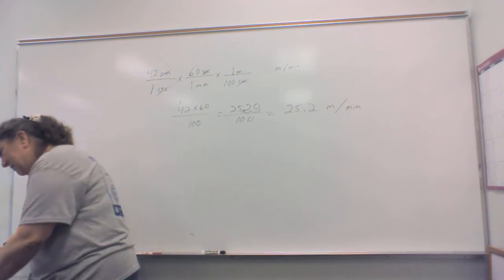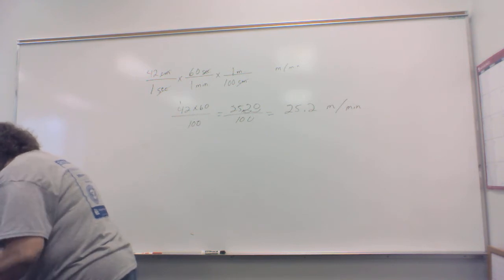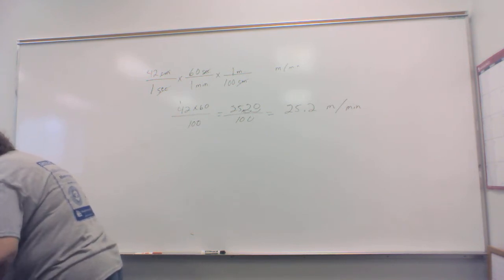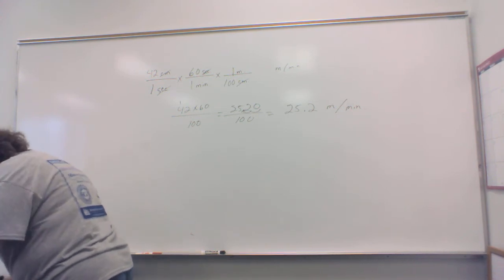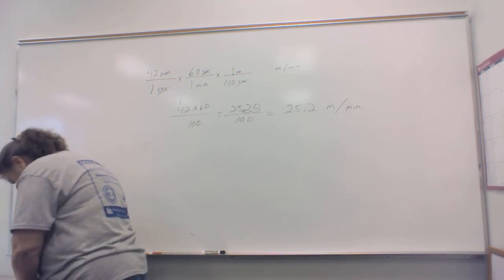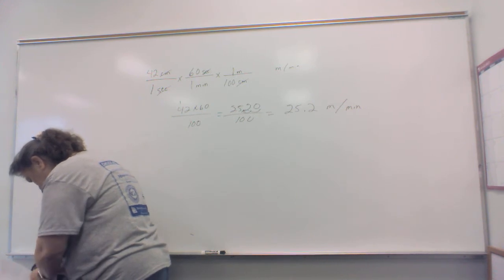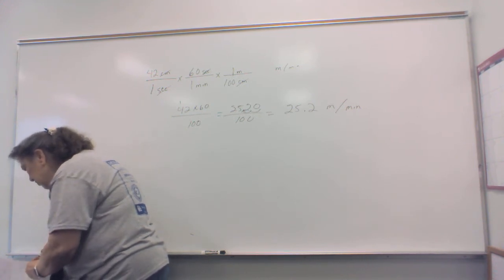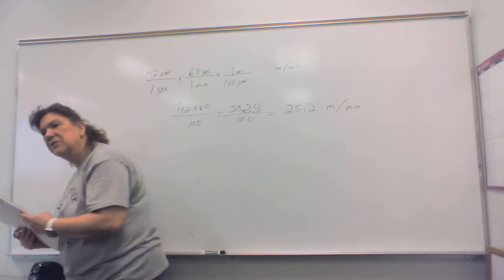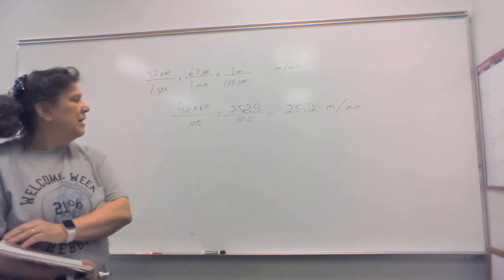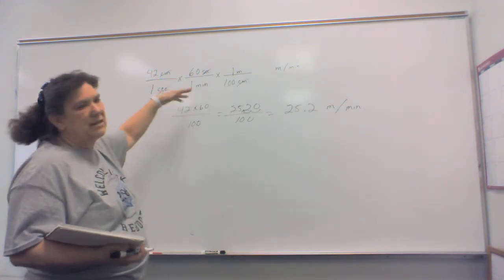So there's a lot of really cool stuff we can do with dimensional analysis. And you can use your scientific notation with it too. As you can see, there's a lot of zeros in this stuff.